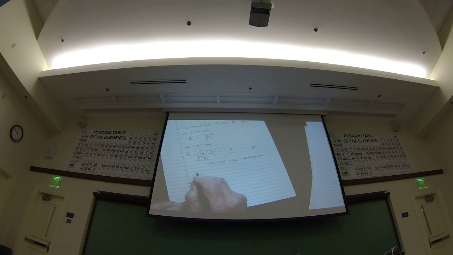So we can say that PC VC is just 3/8 times R times TC. Call that equation 6.